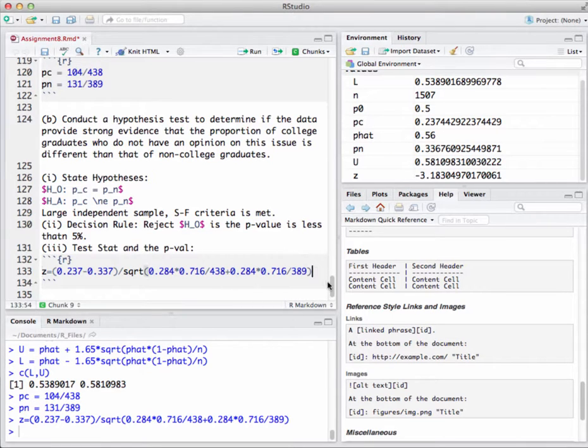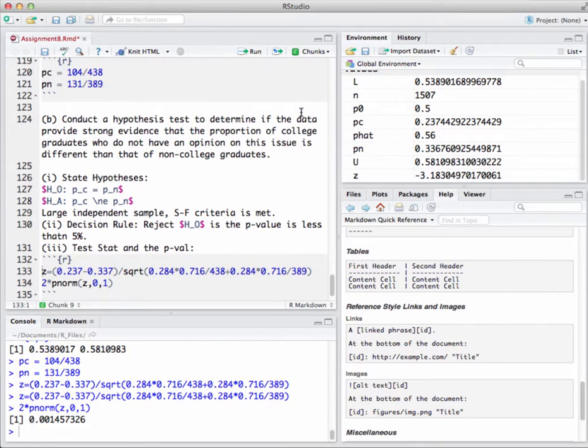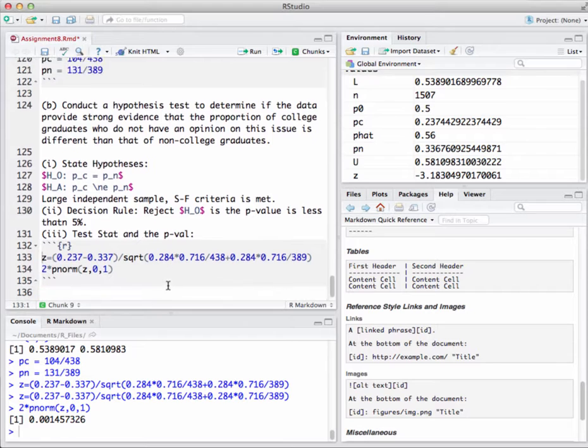Getting my p-value here, I'm going to go 2 times, remembering the 2 times because it is a two-tailed test, pnorm, and then I put in my z, comma 0, comma 1. If I run that chunk, notice that I get a p-value of 0.00145, etc. In other words, a really small p-value.